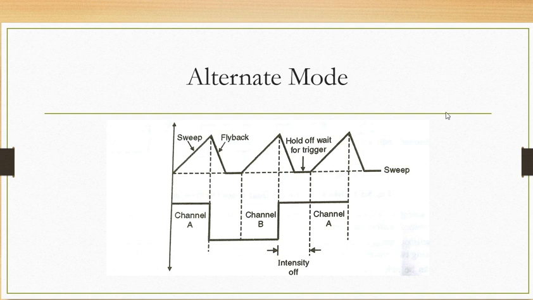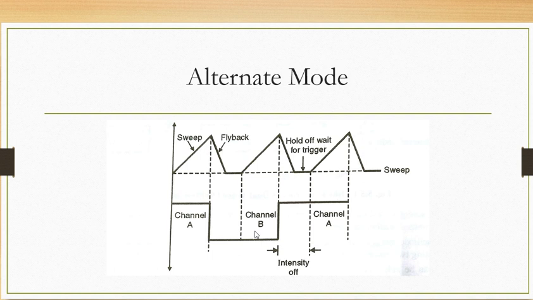So when the time base is set at a low speed, say about 50 millisecond per division, then the alternate mode operation can easily be seen, okay. So as I already discussed, the two channels A and B alternately connect to the sweep generator in successive cycles of the sweep generator, okay.